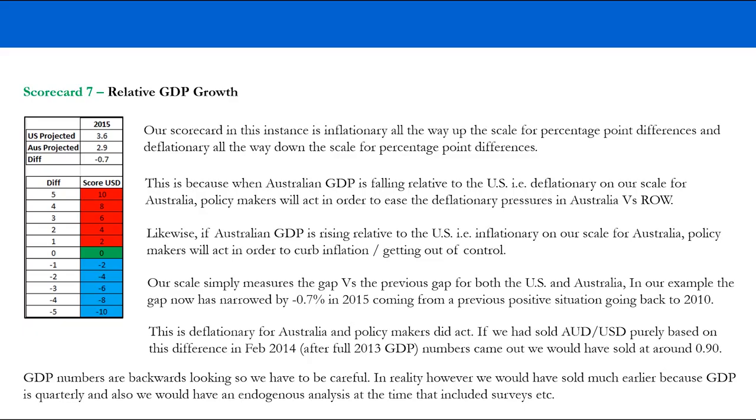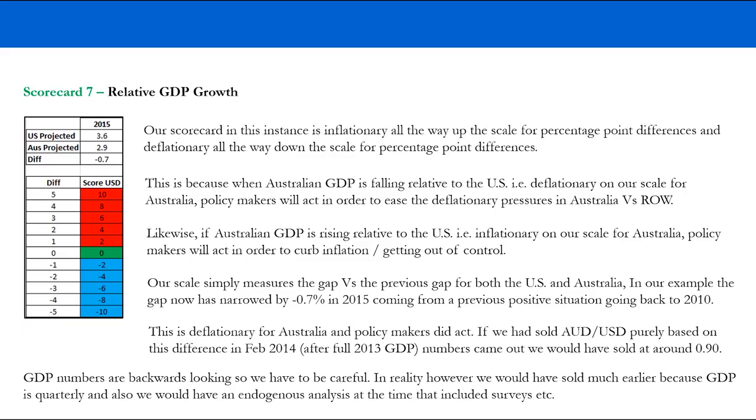GDP numbers are backwards looking, so we have to be a bit careful. In reality, we would have been doing what we're doing exactly right now, which is forecasting GDP now till the end of the year. So in reality, at the time, we would have been in the same situation as we are now and forecasting that this was going to narrow. So the positive numbers were going to get smaller. So we would have actually been selling much earlier, and that's the way we've got to think.